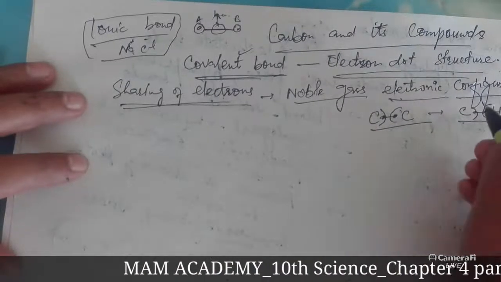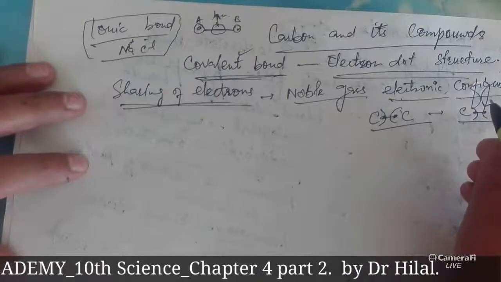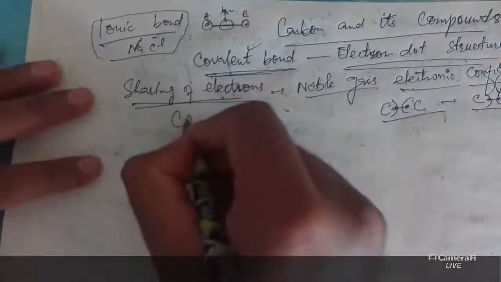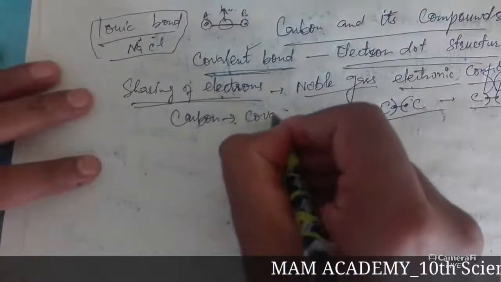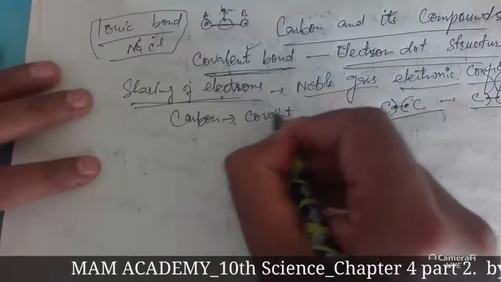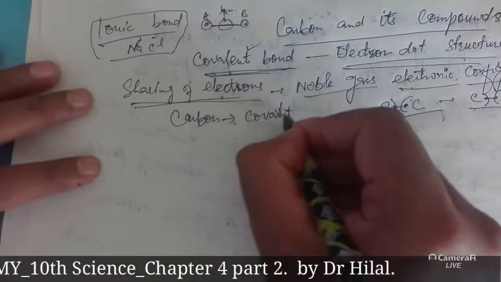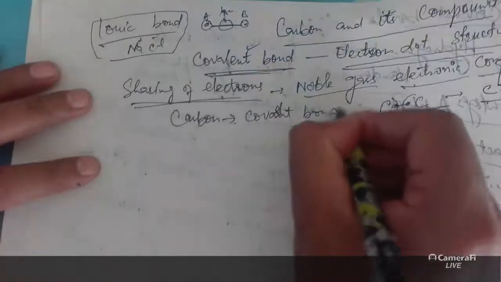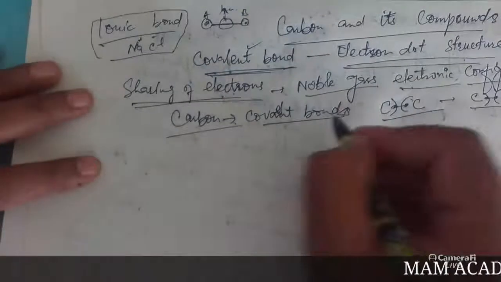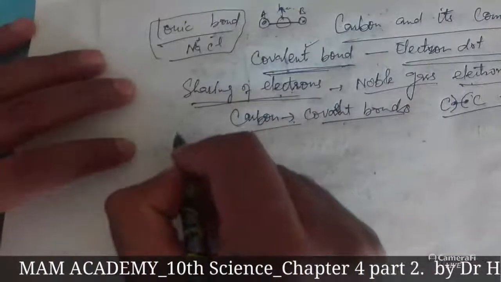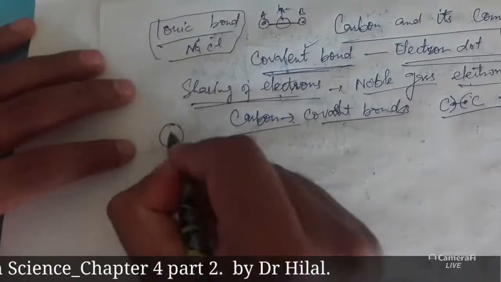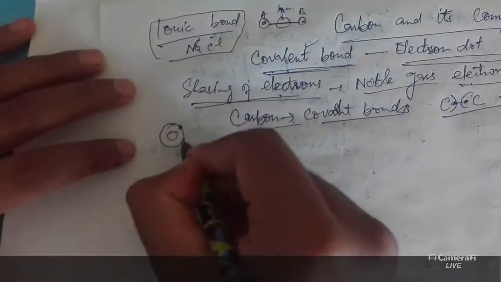Now we have carbon. Carbon forms all its bonds as covalent bonds only. Why can carbon not form an ionic bond? Because it has 4 electrons in its outermost shell.